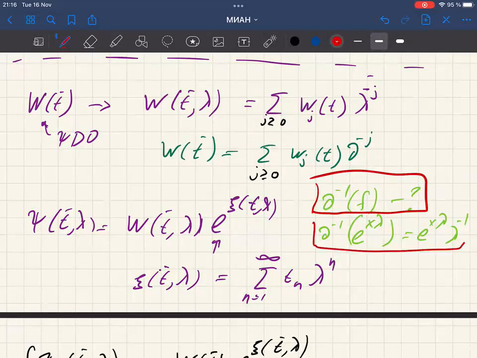We have a definition of how it acts on this. Okay, that's because you work with soliton solutions or whatever. You don't want to use this for generic solutions.